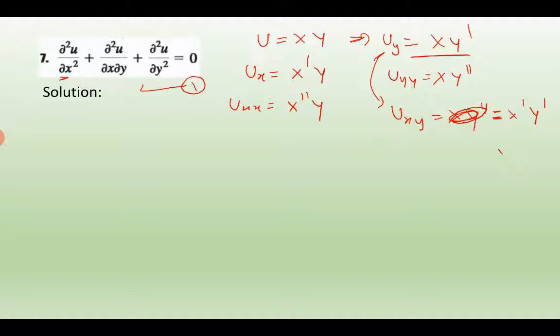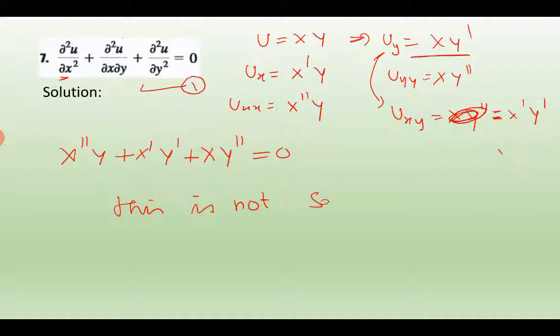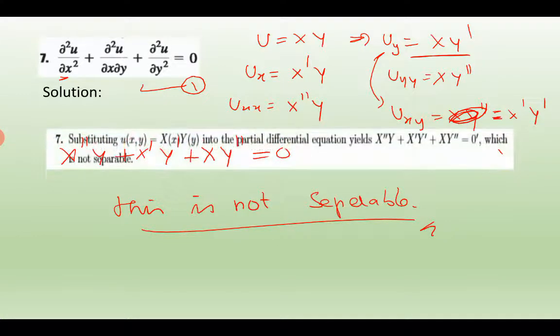When we substitute all this in equation number 1, what do we get? First term x double prime y plus second term x prime y prime plus x y double prime is 0, and this cannot be further separated. It is not separable. We cannot separate x on one side and y on the other, so we can stop this problem here, right?